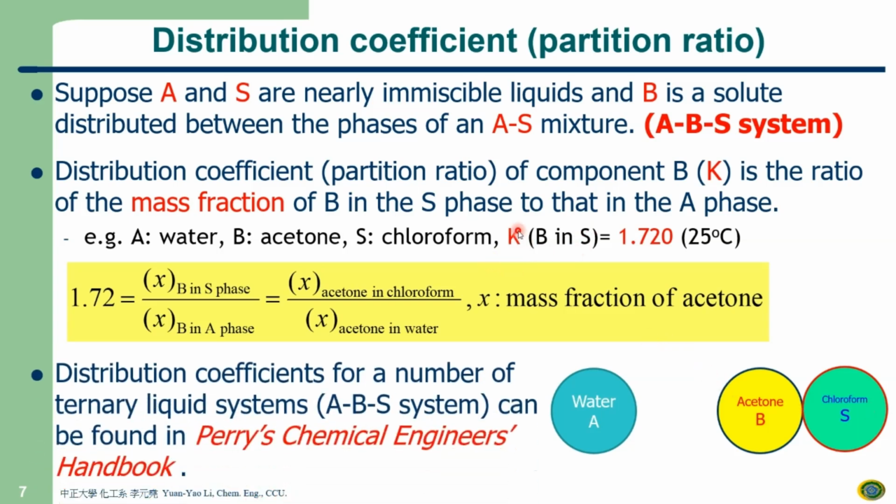I think you just noticed the definition of K: the mole fraction of B in S over B in A. So B in S, B in A. This is what we call the distribution coefficient.